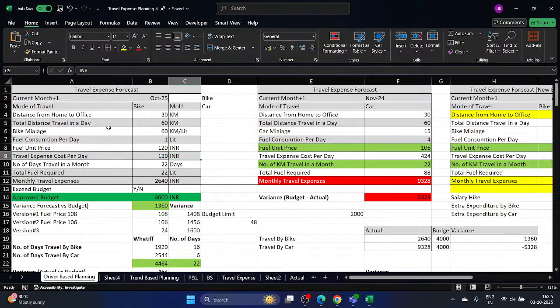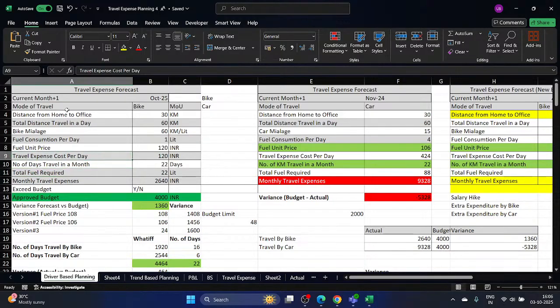Along with that, we also have to use the particular member formula for that. This is the current month mode of travel and the distance from home to office, mileage, fuel consumption, fuel unit price, total fuel required, and so on. So the resultant outcome figure would become on the basis of the driver.